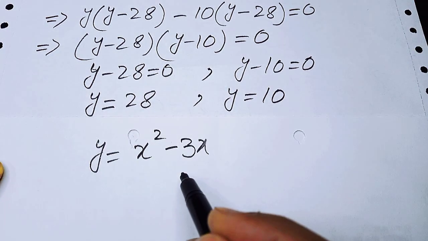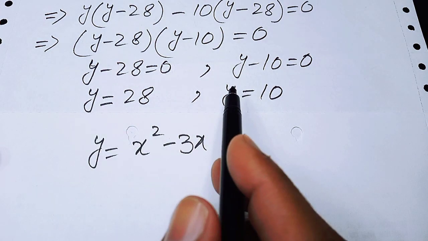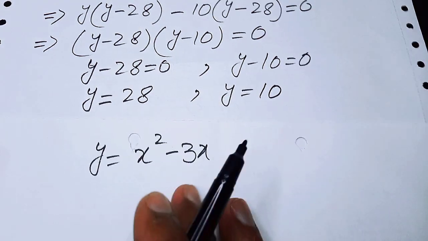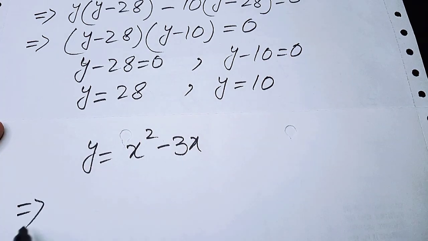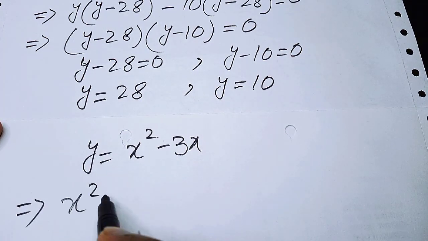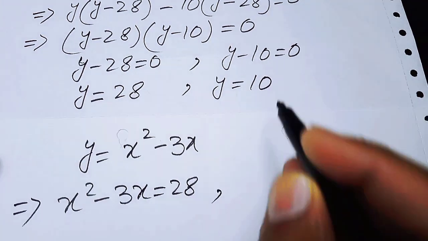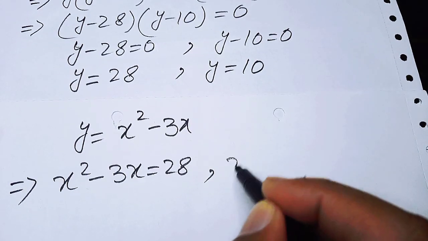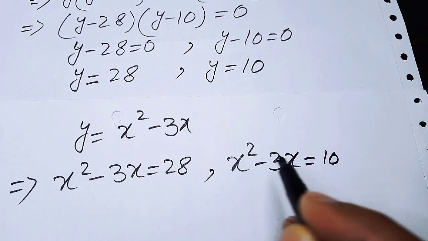Now here we will back substitute the value of y from both of these expressions. So this expression becomes x square minus 3x is equal to 28, and this becomes x square minus 3x is equal to 10.